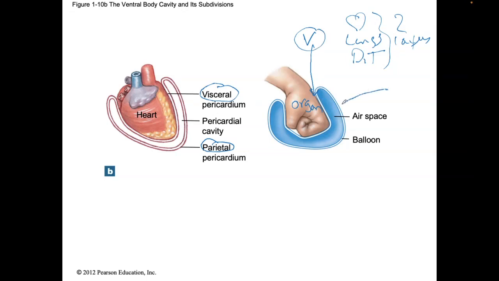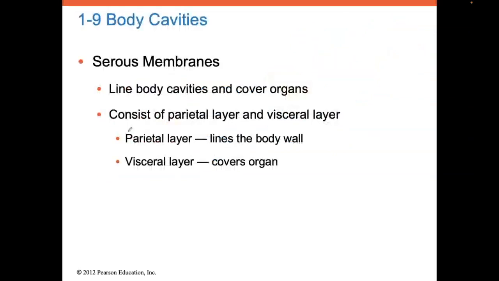The part of the balloon that's on the other side, that's called a parietal layer. So here's the heart, which would be equivalent to my fist. This would be the balloon. When the heart fits into that, there's a visceral pericardium going around the heart, and there's a parietal pericardium going around the heart. The inner part of the balloon is the cavity. It's called the pericardial cavity that has fluid. Okay? So there's the visceral layer that covers the organ and the parietal layer that's going to line the body wall.